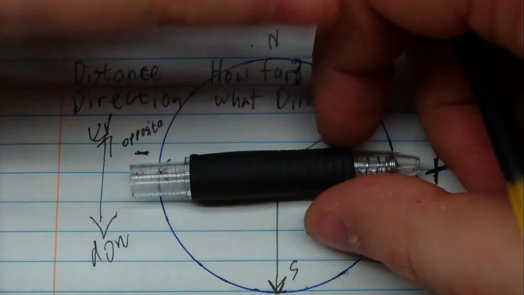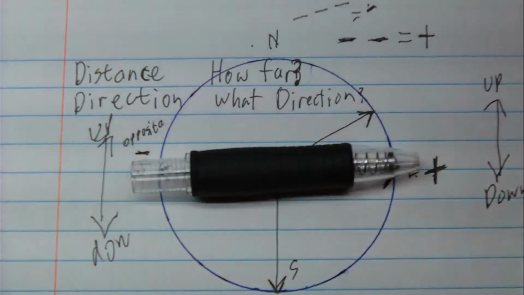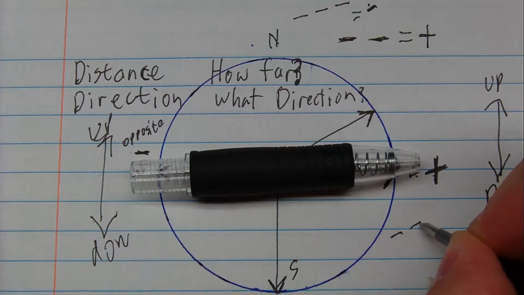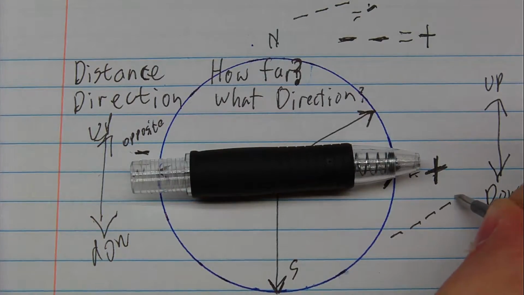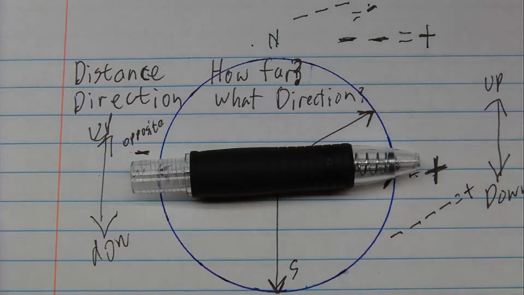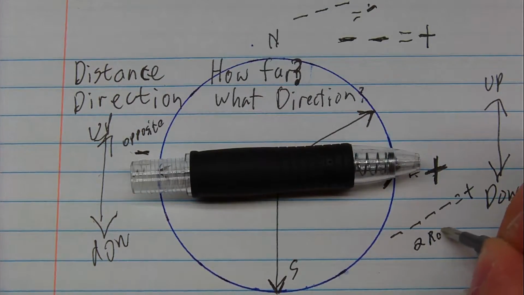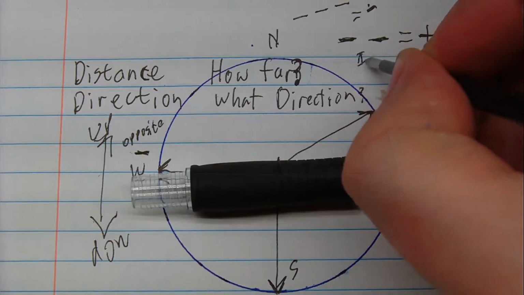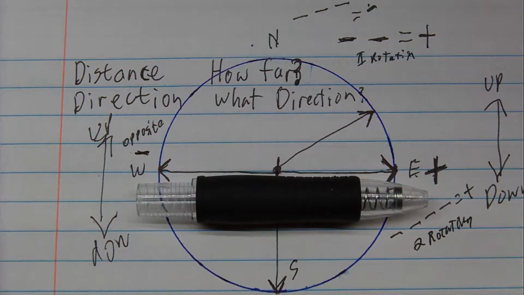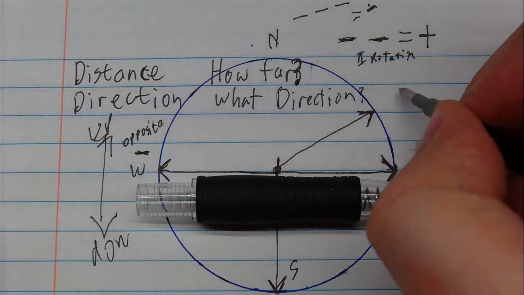If I go one more time around, negative times negative times negative times negative, I'm back in the positive direction. But this is also 2 rotations. This is 1 rotation.